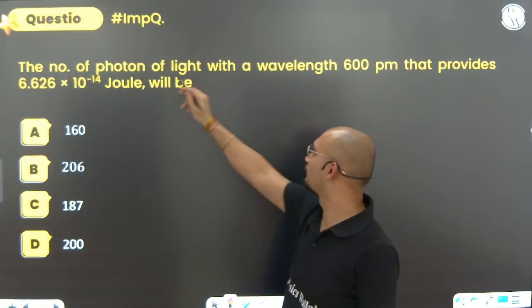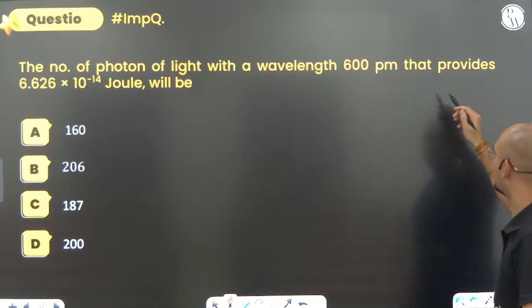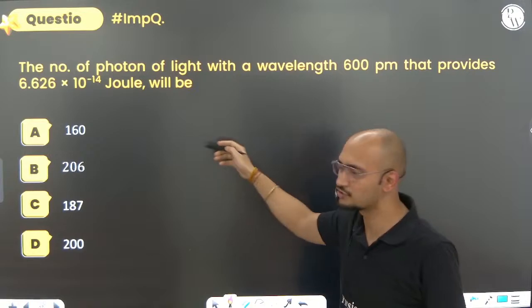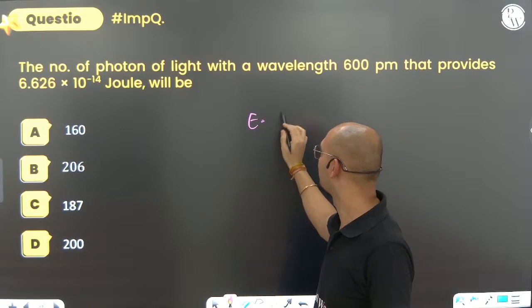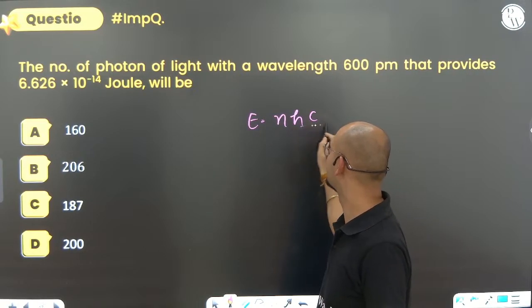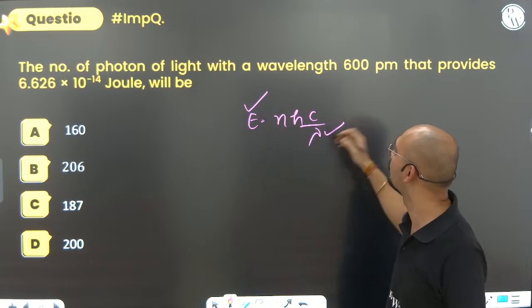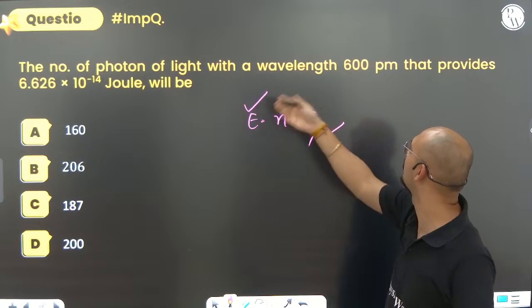Now, the number of photons of light with a wavelength of 600 picometer that provides this much of joules of energy. So I hope you know that. What is the formula? E equals n hc over lambda. Lambda is given, energy is given. What is to be found? The number of photons of light.